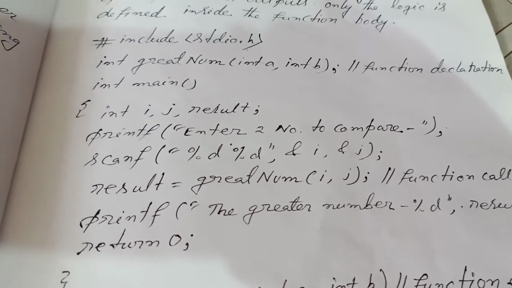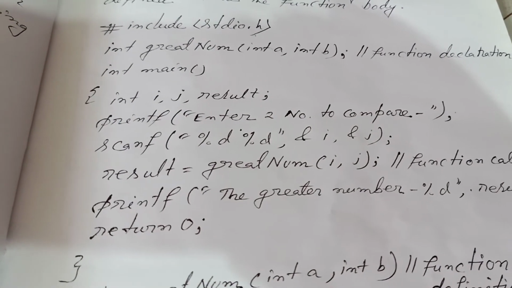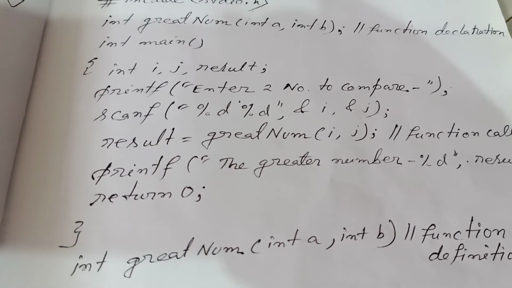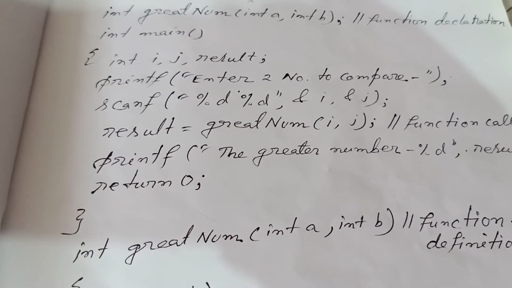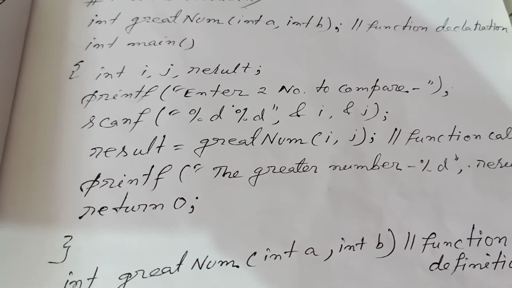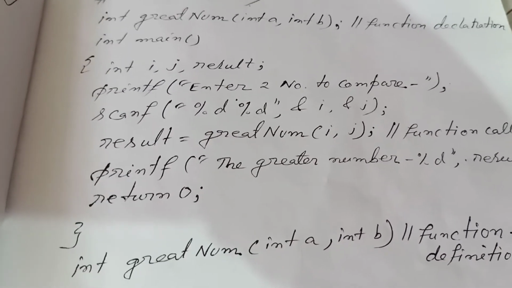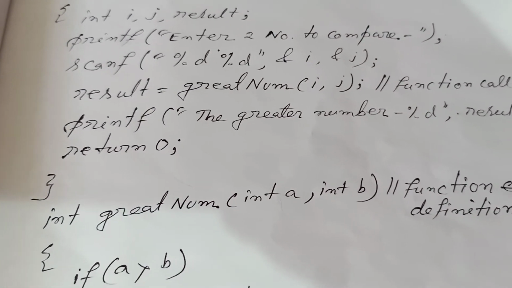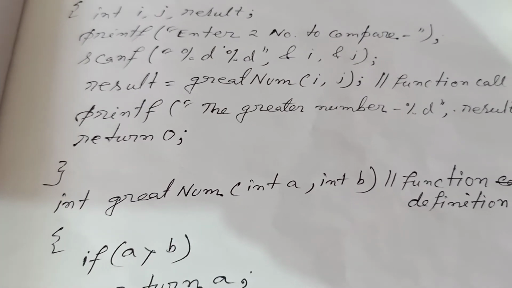Using scanf, we are taking the inputs of i and j. Within the result we are calling the function greatNum with the arguments i, j. Printf shows the greater number is result.